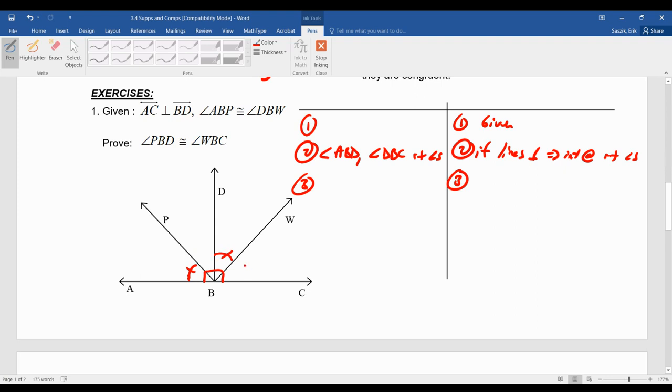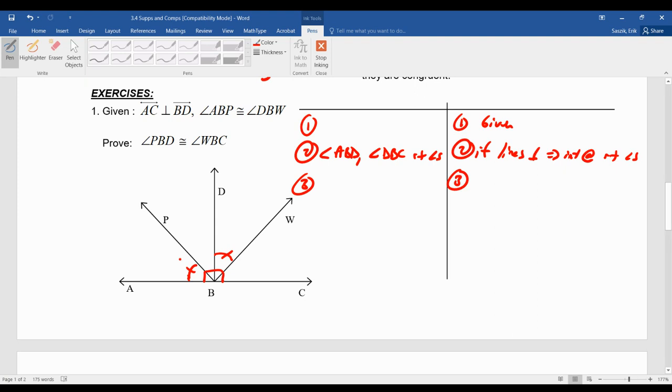And most of you are probably saying, oh, that's really going to be easy because these two are complementary, these two are complementary. So that means these two have to be congruent because they're complementary to congruent angles, kind of what we just talked about, right? But we have to be careful.